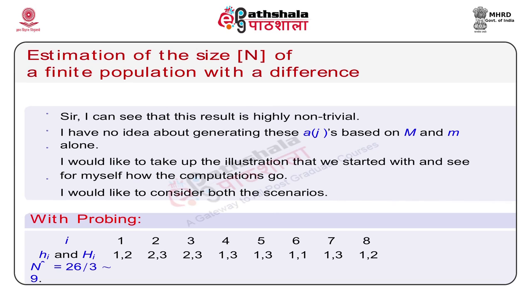And when that individual was probed for additional membership, the person said, yes, I am also in one more which is not sampled yet. Therefore, capital H1 turned out to be 2, whereas small h1 is 1. That shows that out of the 3 sampled, the person was attached with 1, and out of the 3 non-sampled, the person had attachment with 1 more. That makes 2.